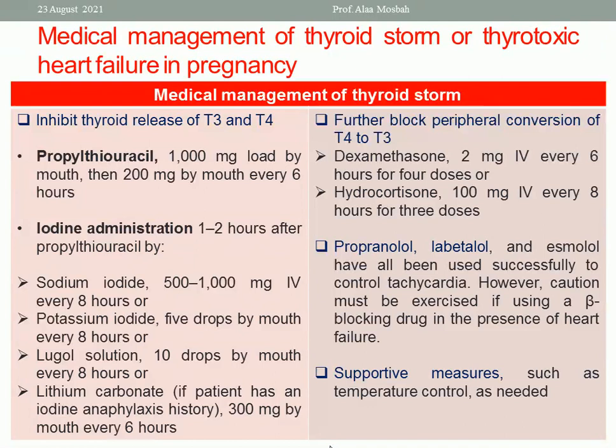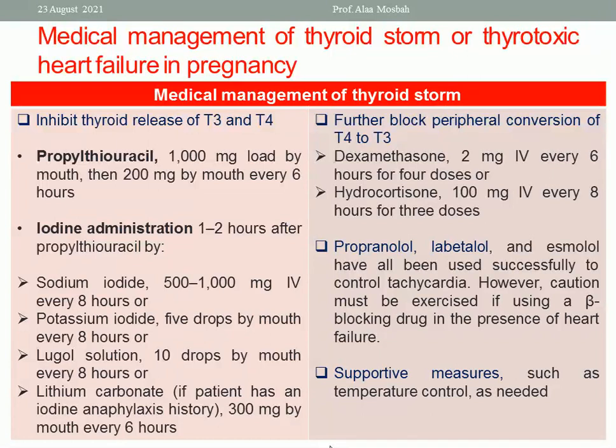Fourth, I'll do supportive measures, for example control of the temperature when it is increased. Okay, this is called supportive measures. So these are 4 categories of treatment. Inhibit thyroid release of T3 and T4 by giving propylthiouracil and iodine administration.